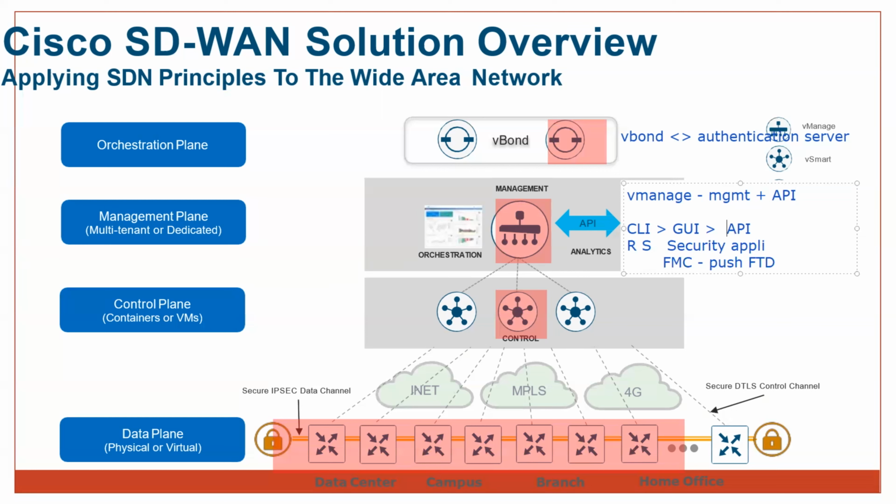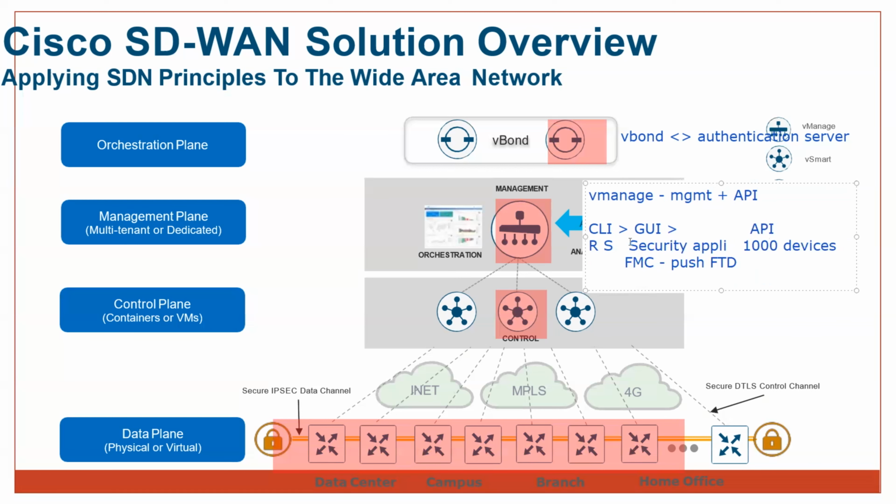That's why we are moving towards the API. API is a programmable interface where you can configure thousands of devices at a time. Again, this is a programming interface. The problem is that you should have the same type of configuration.